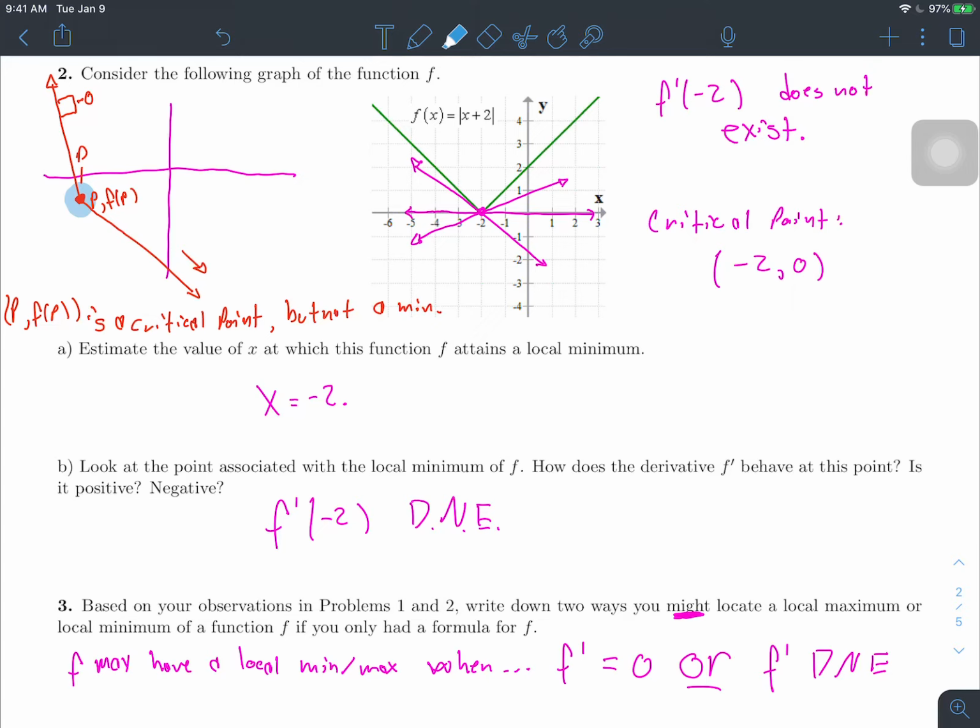Okay? So, what I know is that if a function has a local minimum or a local maximum, then it will occur at a critical point. This does not imply that a critical point is necessarily a local max or a local min. That's kind of the point that I'm making here.